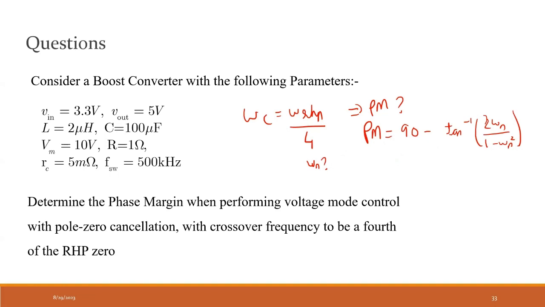Omega C by omega RHP. So what will its value be? 0.25. Yes, 0.25.